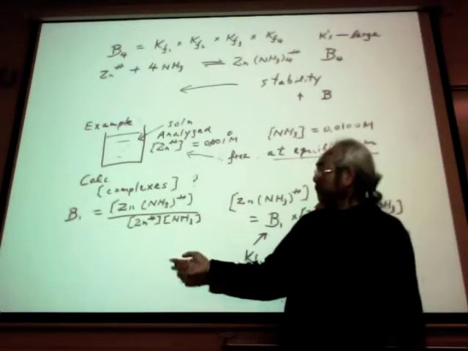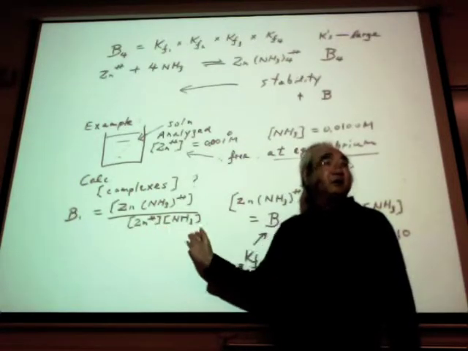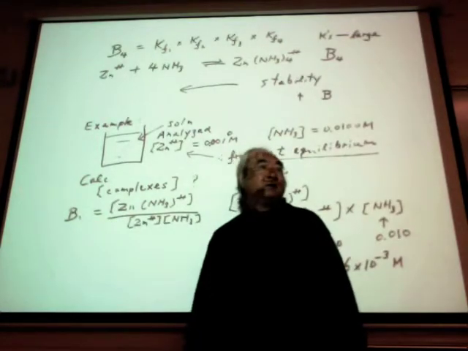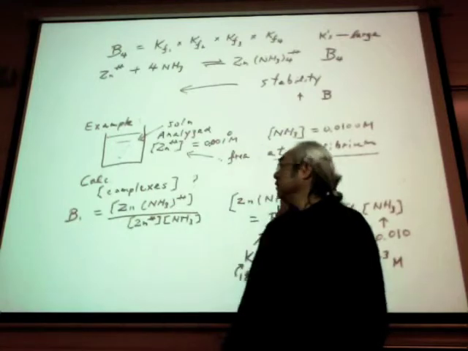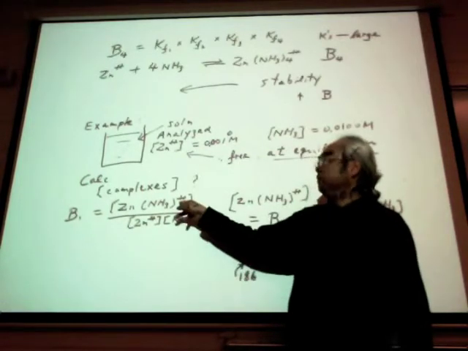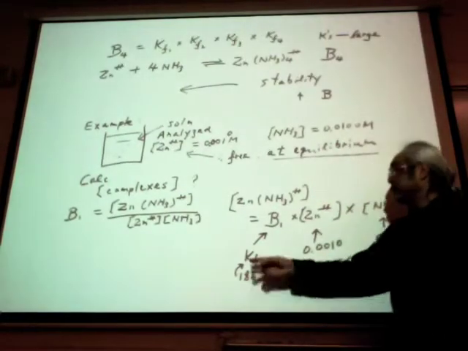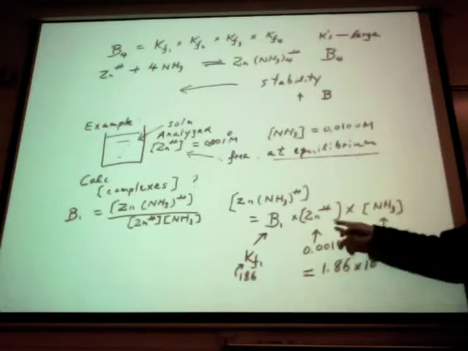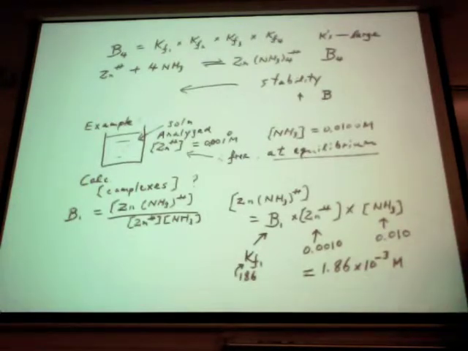So what's the problem? You already know the equilibrium concentration. Just plug in. And beta 1 is what? Kf1, right? So you plug that in, and you can solve for this one complex concentration. So it's straightforward now, right? That complex is equal to, the two are already given because you interpreted it correctly.